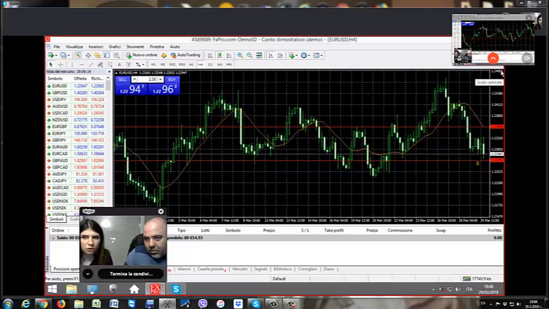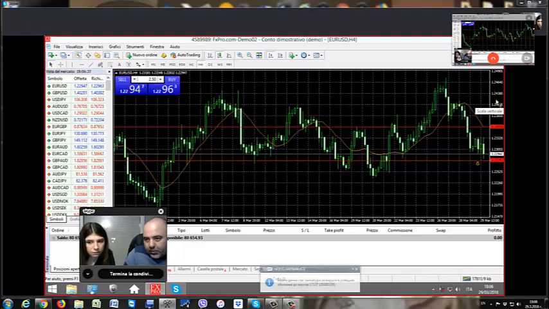The scale of the price: if you work with the laptop, the scale of the price at the moment is maximum 124 and 90 on the top, and 121 and 47 at the bottom. But you can adjust like me, clicking over here and moving up and down.